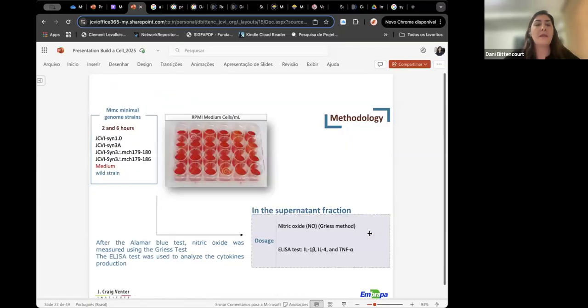sorry about that. So to evaluate now how this could affect the production of nitric oxide and also the presence of cytokines. So here we evaluated the presence of nitric oxide, measured using the Griess test, and also ELISA to analyze the cytokine production from the mononuclear cells.